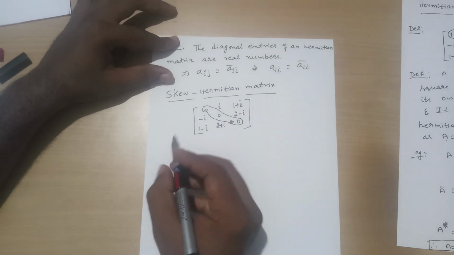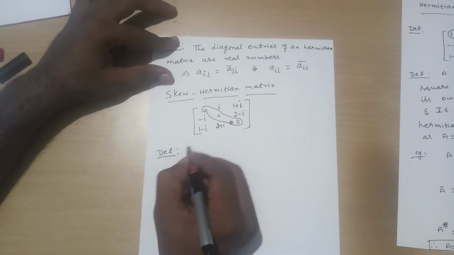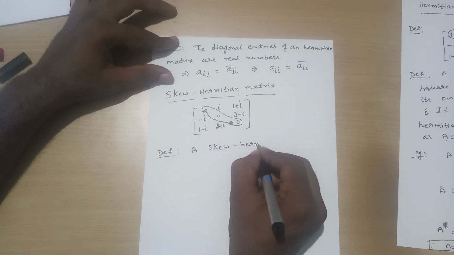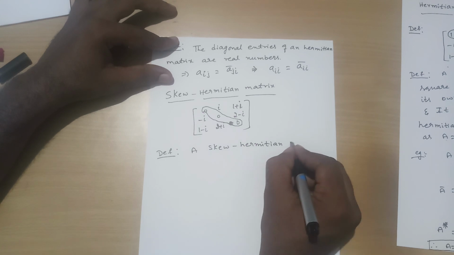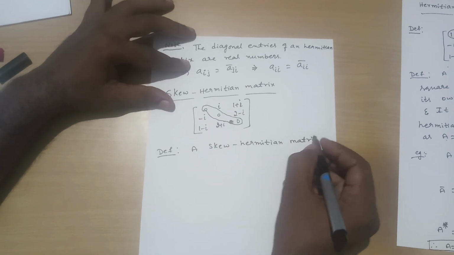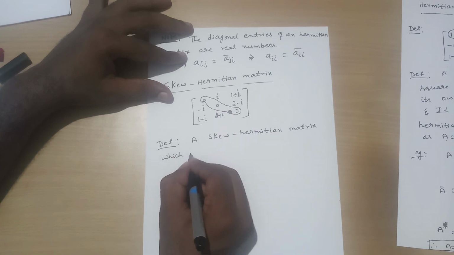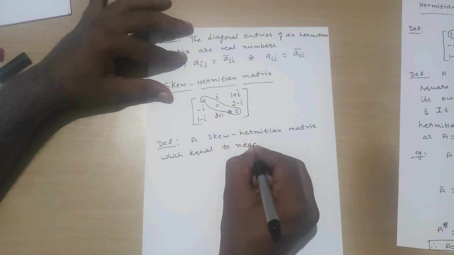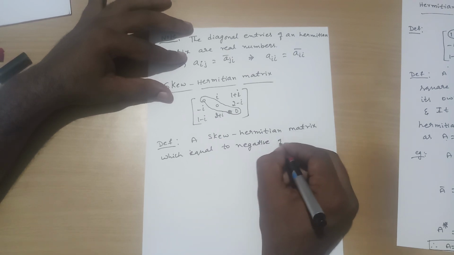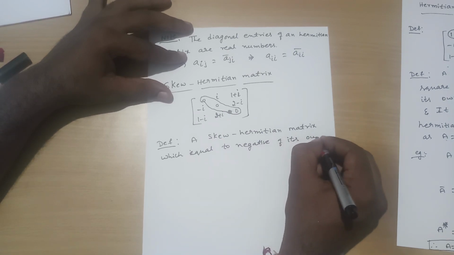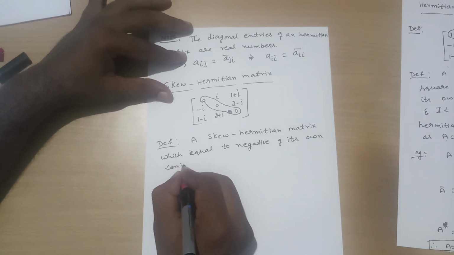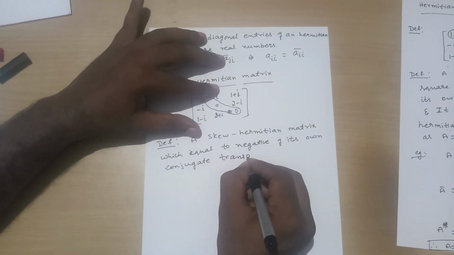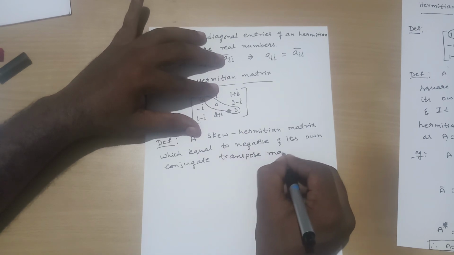So remember that one. So definition: a skew Hermitian matrix is one which is equal to the negative of its own conjugate transpose matrix.